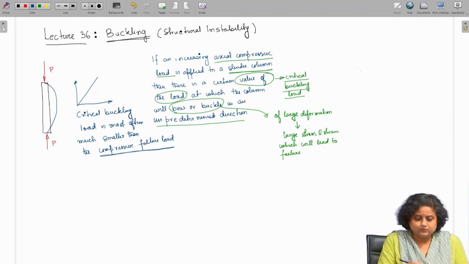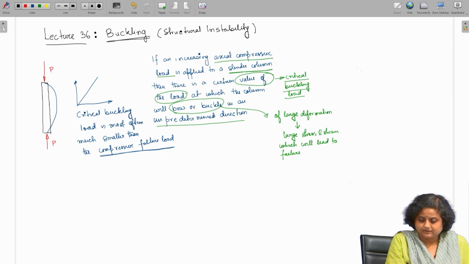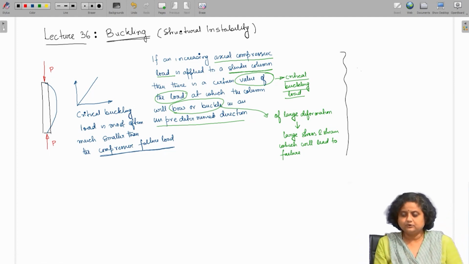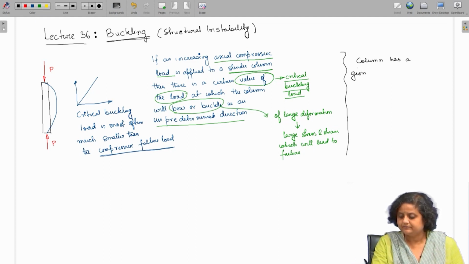Now, this entire buckling phenomenon is going to happen when the column has a geometrical and or material imperfection.